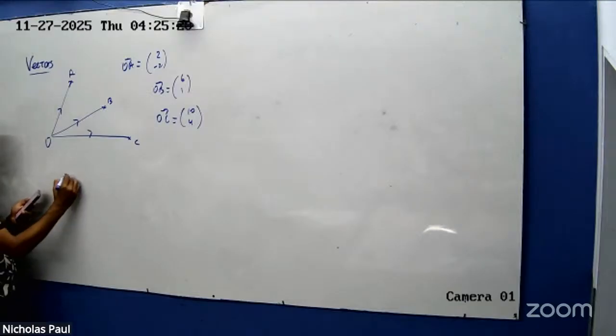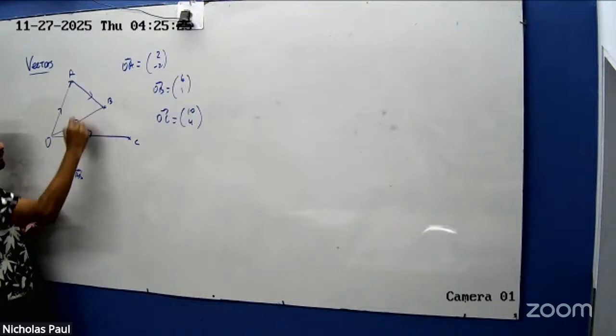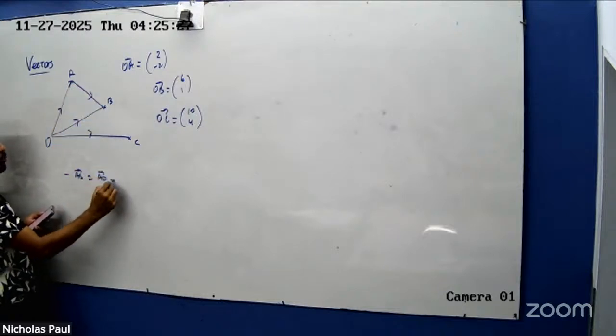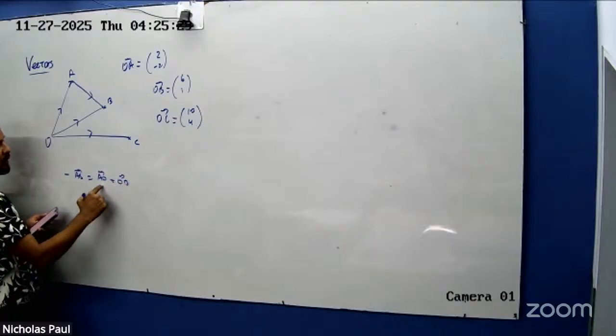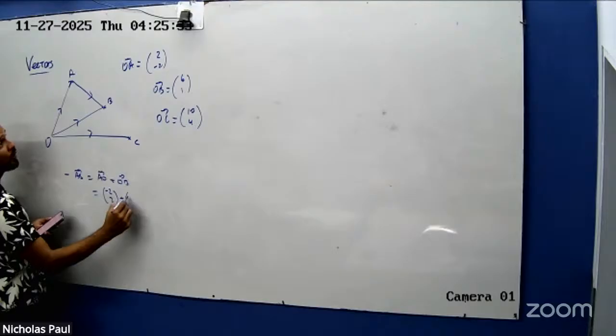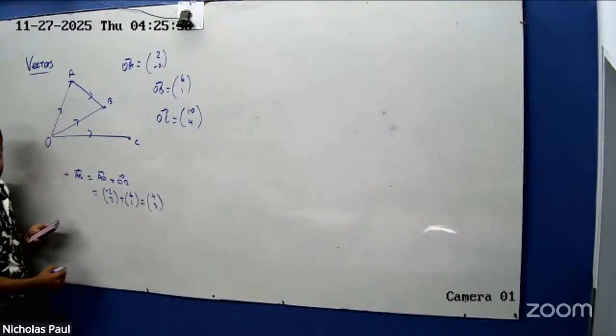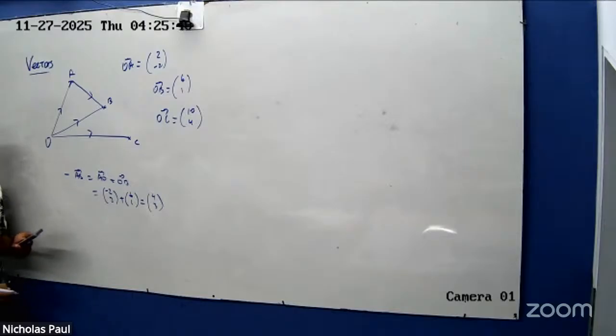So first part, AB. To find AB, let's connect AB. We know that AB is A to O plus O to B. We know what A to O is. That'll be (-2, 2) negated, which is (2, -2), and OB is (6, -1). So I got (4, 3). That's okay?